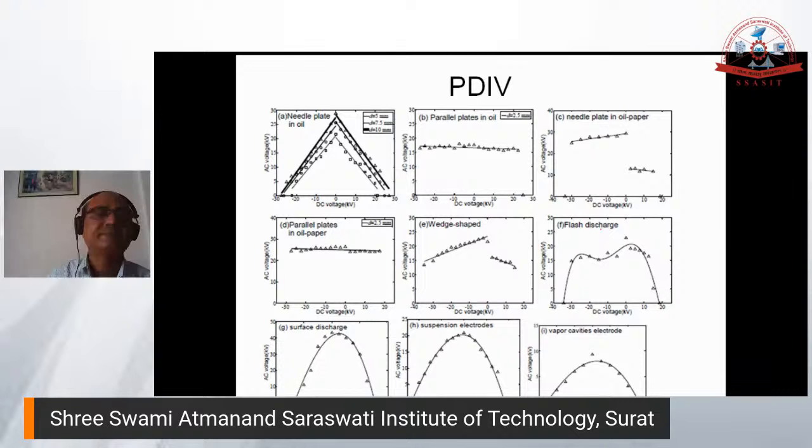Here, in some cases, irrespective of the DC voltages, the partial discharge inception voltage, PDIV, is constant. In some cases it is increasing. So there are different patterns for different cases. This is just for reference.